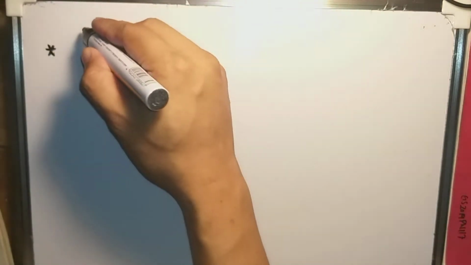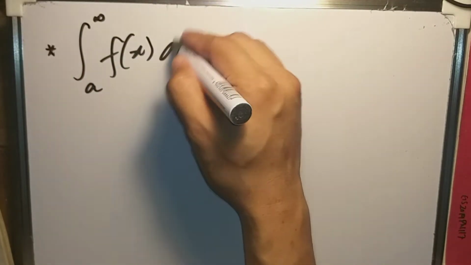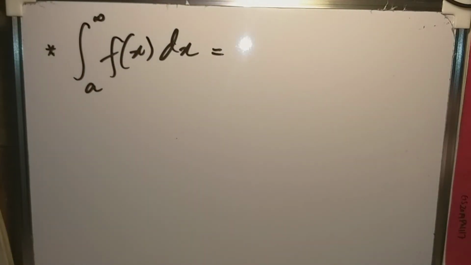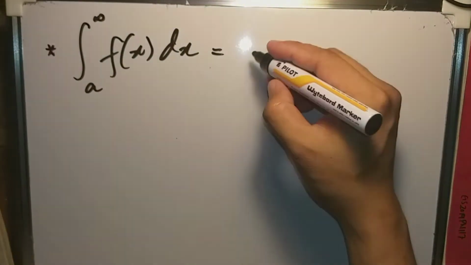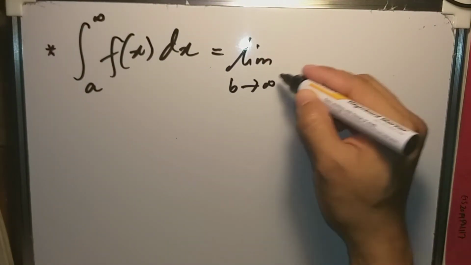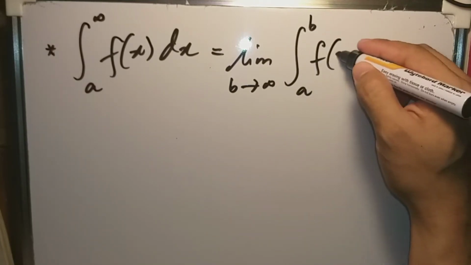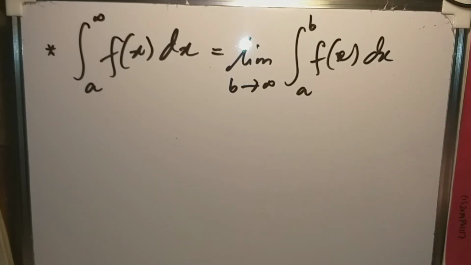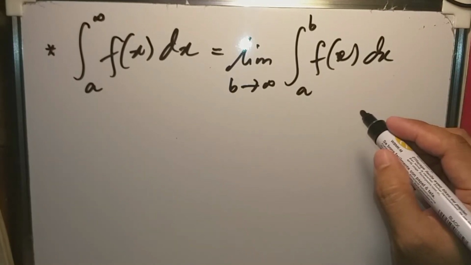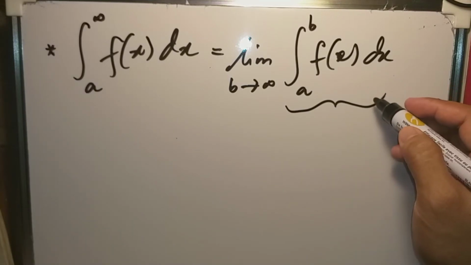To evaluate such improper integrals, for example, for this case, integral from a to infinity of f of x dx, we can write this as the limit as b approaches infinity of the integral from a to b of f of x dx. Notice that this expression is simply the definite integral.